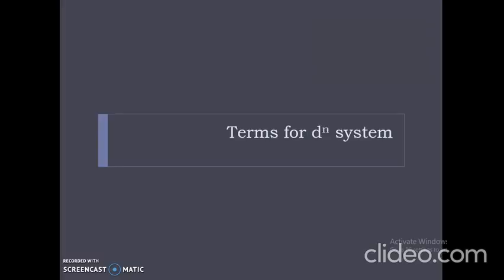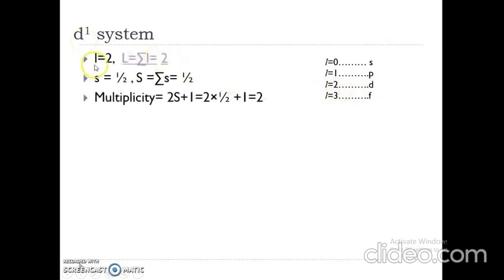Now let's consider the terms for a d^n system. First we'll see a d1 system. Since it is a d electron, the l value is 2 and the total L value will be the summation of l, that is 2 itself. For the s value, it is half. Capital S is the summation of s, that is half itself.